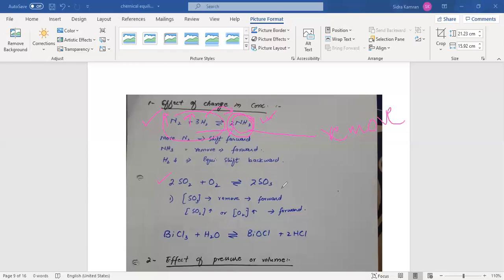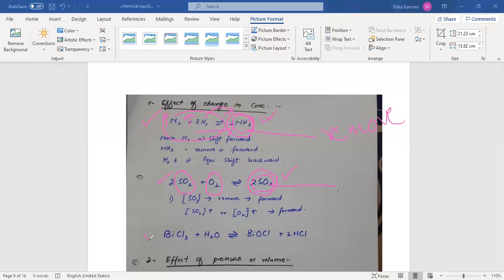Another reaction is the formation of sulfur trioxide. This takes place in industries by the contact process. If you want to increase the production of sulfur trioxide, how can you do this? By increasing the concentration of sulfur dioxide and oxygen gas, you can increase the concentration of sulfur trioxide, or by removing the sulfur trioxide, in the same way as we discussed in the formation of ammonia.